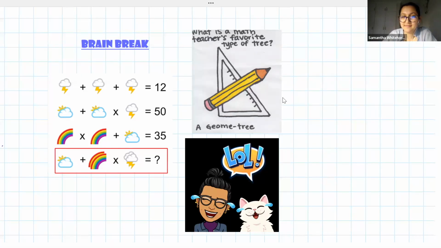Ma'am, for the first one, there are 3. I called it lightning or thunder, whichever one you prefer more. I saw that there were 3 of them, so I said 12 divided by 3 is 4. So I ended up with my lightning being 4. Perfect. Then for number 2, I looked at this one.